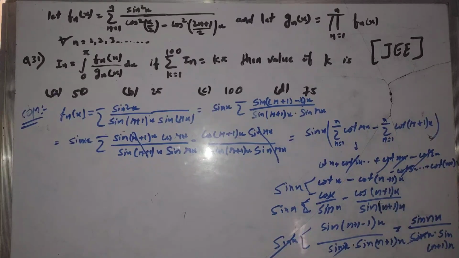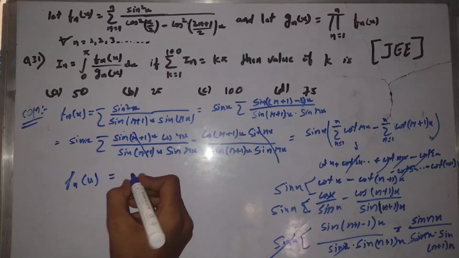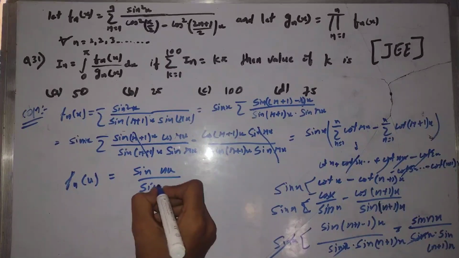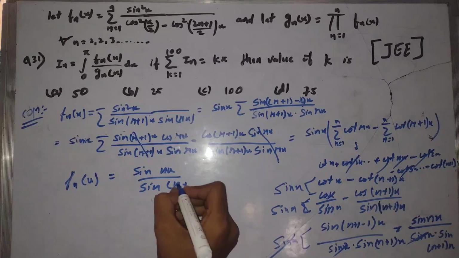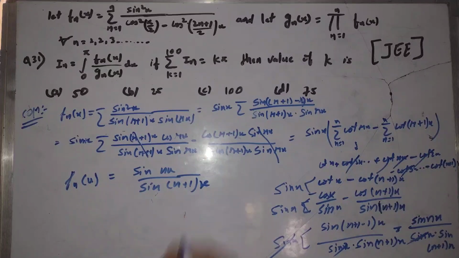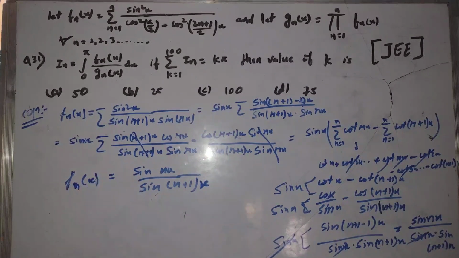So fn(x) comes out to be sin nx upon sin (n+1)x. So this is fn(x).